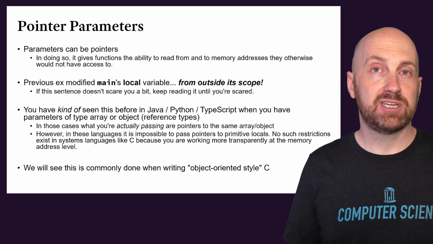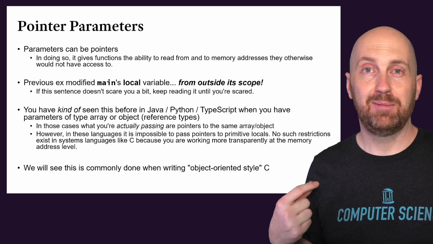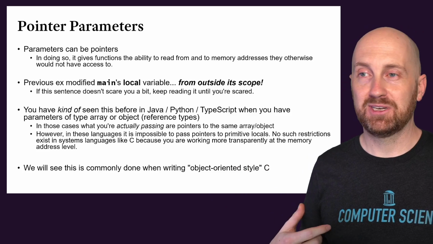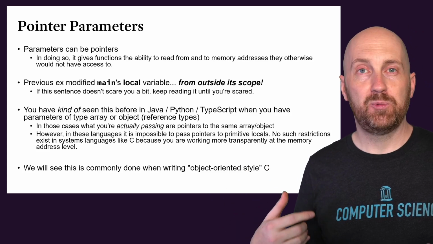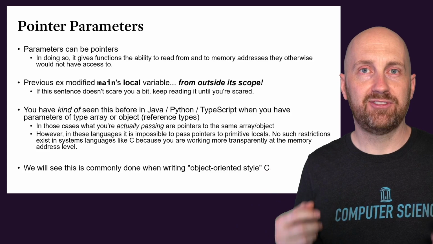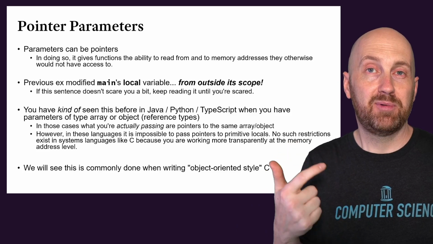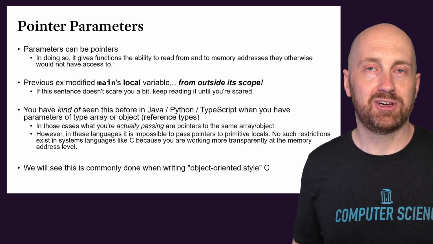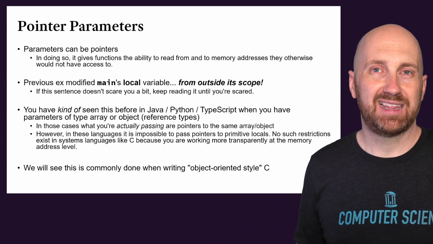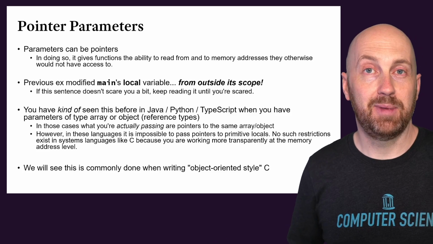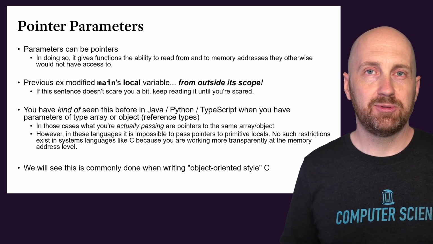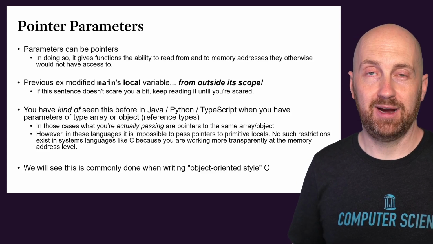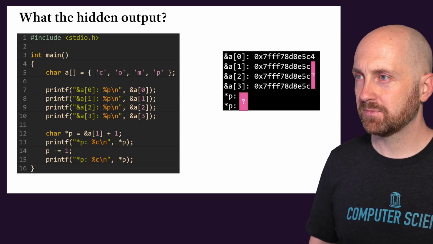But just like in a language like Python, where you're being explicit about a method and having to define what is the self, which is like this in Java, with C, when we have object-oriented style C, we'll have to set up a parameter that will be a pointer to some object that we'll typically call self, that's very much like the this variable that automatically exists in methods. And so we'll see this as a valuable technique. This is also how we'll wind up making use of the ability to pass arrays around into functions.